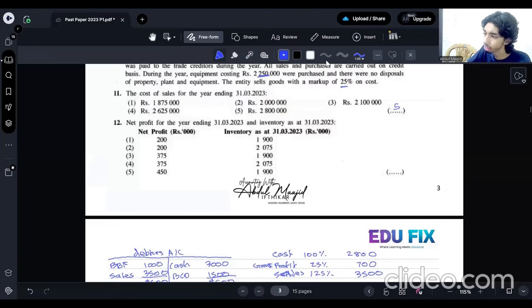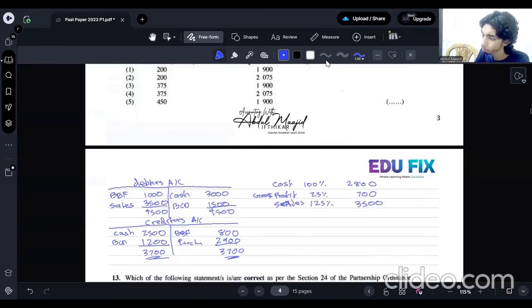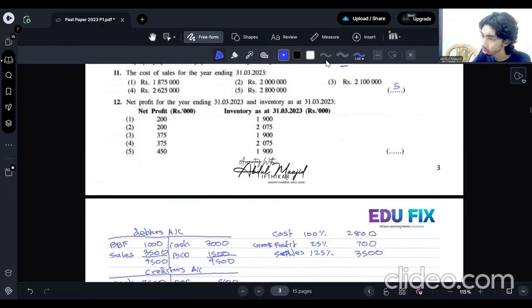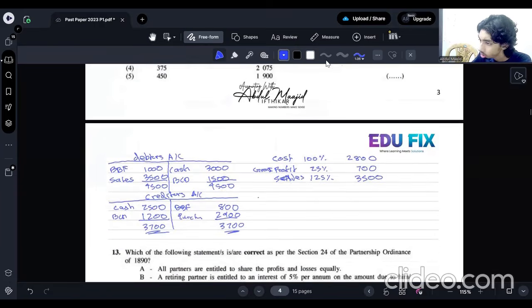Next, they are saying to find the net profit and closing stock. First of all, we'll find the closing stock. Opening stock plus purchases minus closing stock will give you cost of sale.